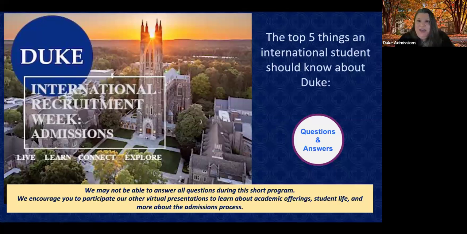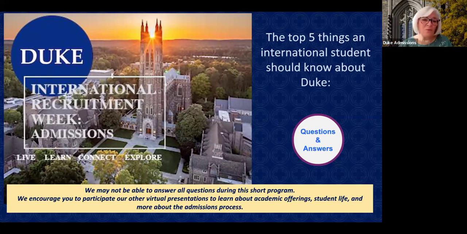I will let one of my other colleagues. So there's another question. Do we have a minimum quota of international students? Not a quota, and we don't look at students like a certain number from different areas around the world. Duke does have a commitment to a diverse student population as much as we can, and so we like to see that we're able to admit students from areas around the world.